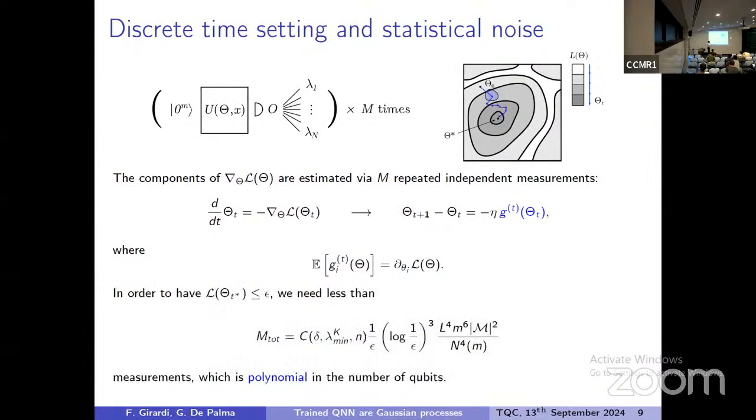Well, it just means that in order to have an epsilon small error at the end of the training, at the time t star, the number of measurements will be bounded by this really rough estimate, which is polynomial. These quantities are just polynomial in the number of qubits, so a polynomial number of total measurements in order to train the quantum neural network is sufficient, taking into account this statistical noise.